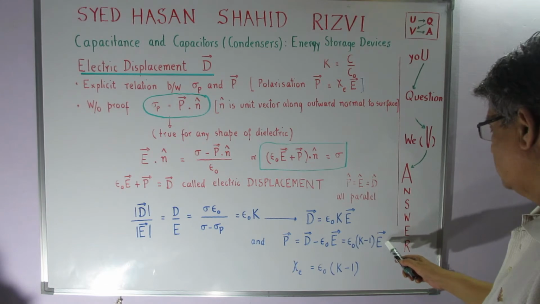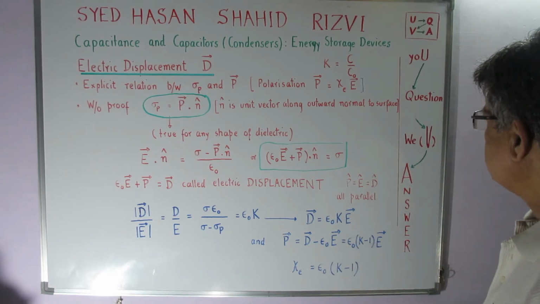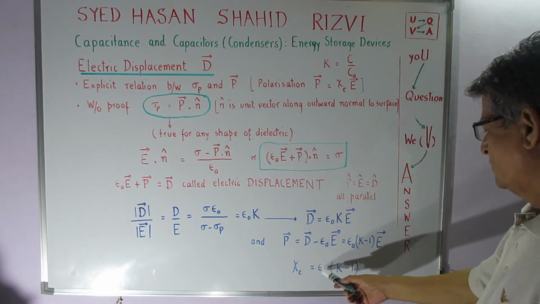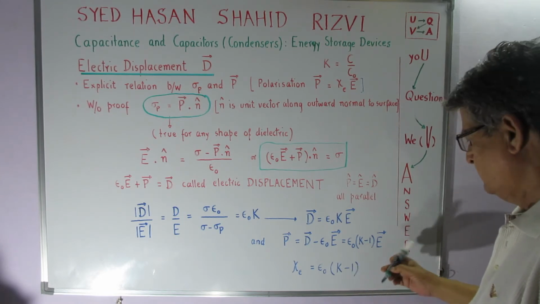And therefore, taking into consideration all things, I can write that chi E, the susceptibility, is equal to epsilon naught K minus 1.